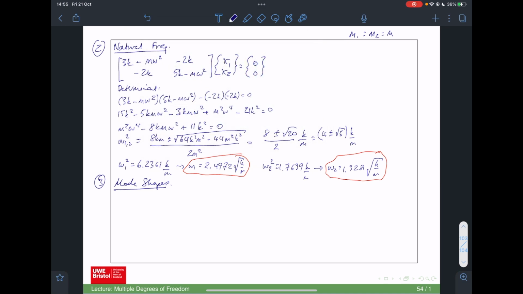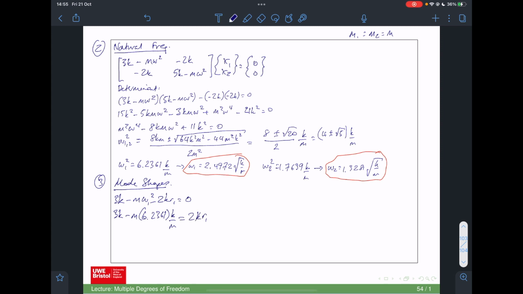So for mode 1, we've got 3k minus m omega 1 squared minus 2k r1 equals 0. And so we've got 3k minus m times 6.2361 k upon m equals 2k r1.